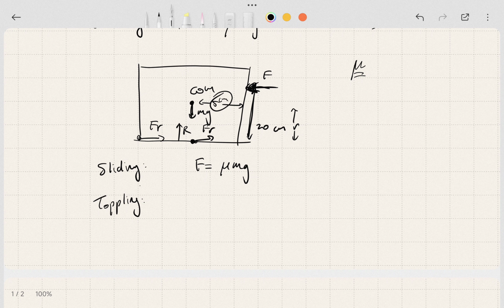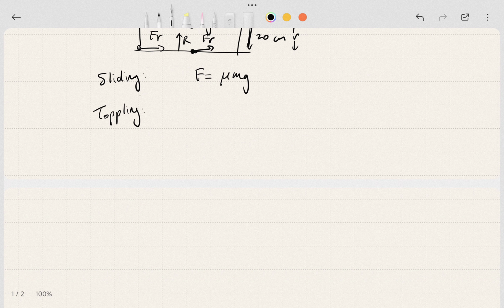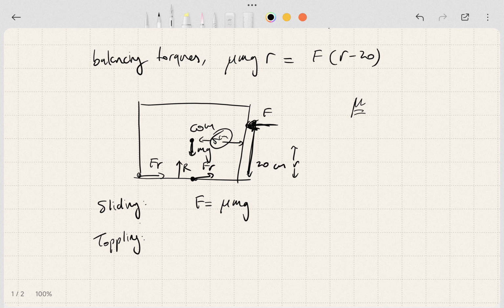Ignore the gravitational force and the normal force for a second, and purely consider the scenario where you have a force coming like this and a force that's sliding to the right like this.